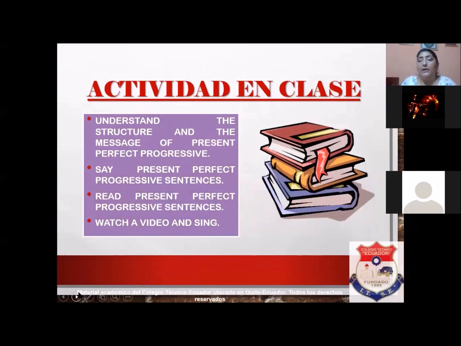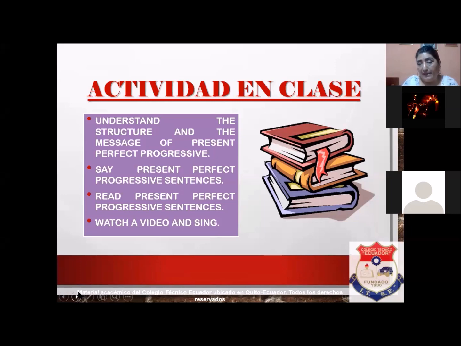Okay, now I want some commentaries. If you want to comment something, now you can comment. I want some examples. Maybe you understand the present perfect progressive, and now you can raise your hand and say one example, okay?